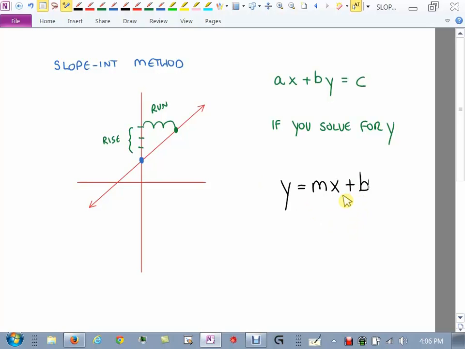This is called the slope-intercept form of a line. And there are some very telling pieces of information when you solve an equation like this for y. What is the m in the front? The m is your slope, so it is your rise over run. And then what is the b in the back here? That number will always be your y-intercept.